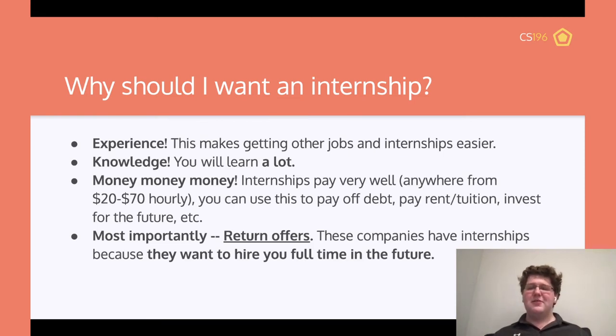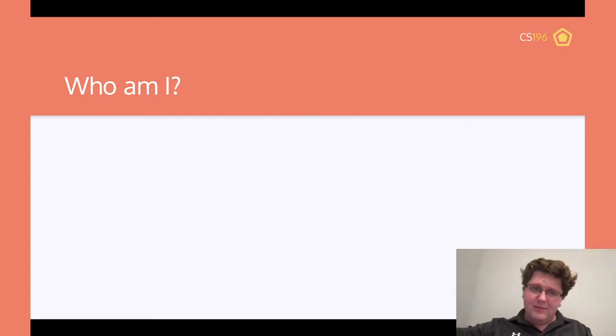So return offers are really great for you because it means that there's a lot less uncertainty going into your upper level years and actually graduating. And they're great for the company because it allows them to determine who they're looking for and get a much more hands-on approach with getting interns, right? They can actually evaluate your performance over the course of 3 months.